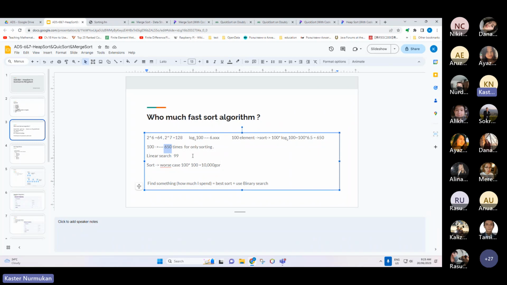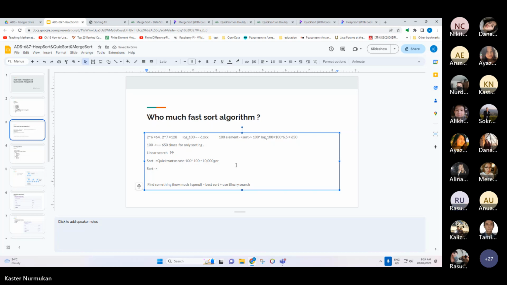So if I'm using the worst case of Quicksort, that should be Quicksort, right? But if I'm using the best case of Quicksort, maybe average.